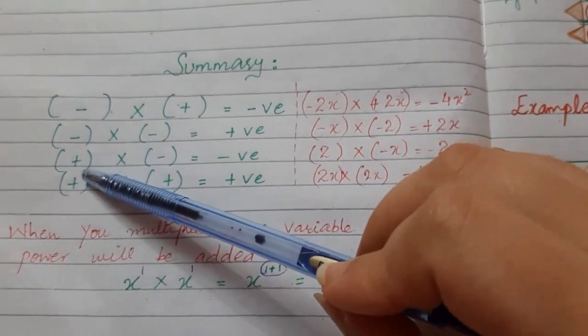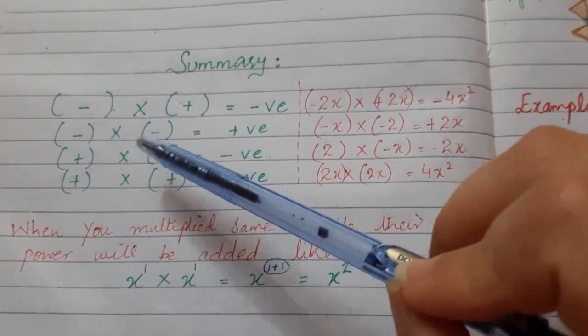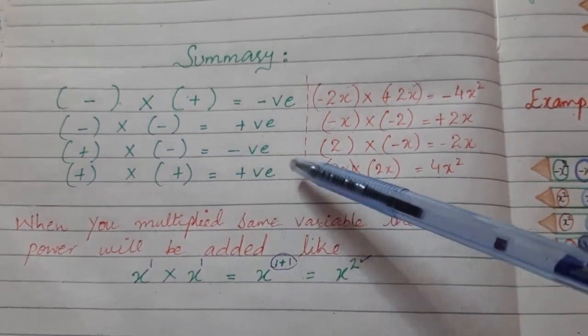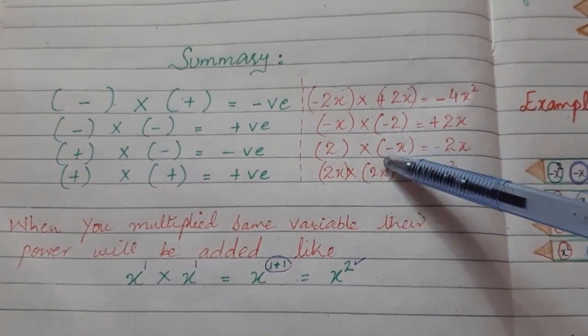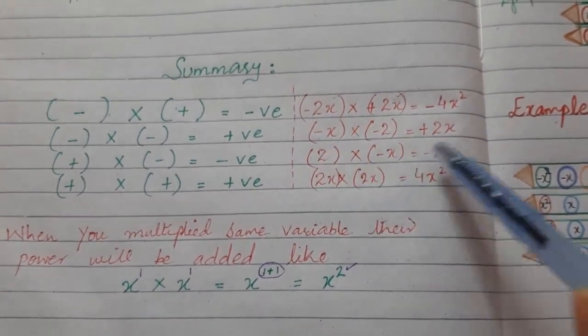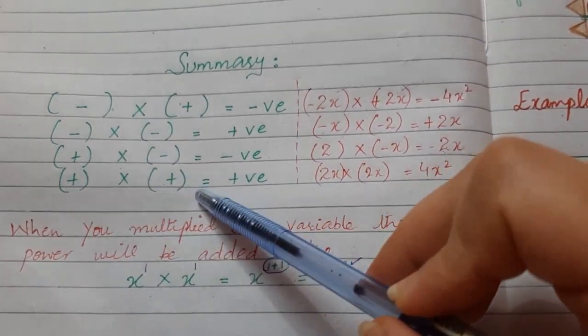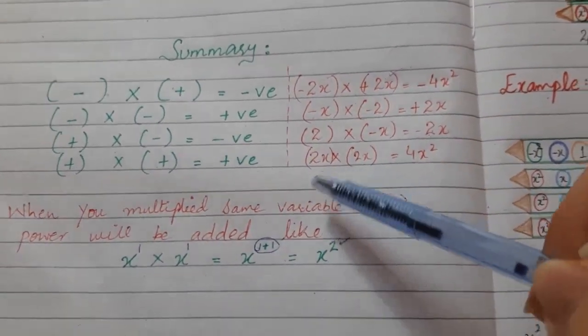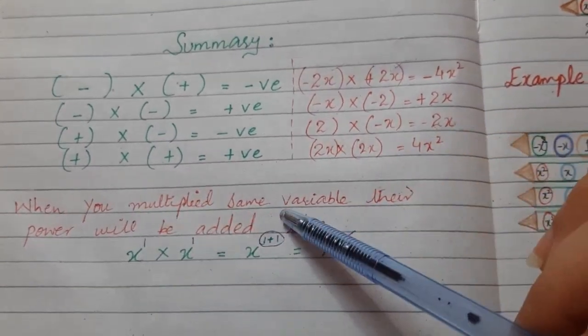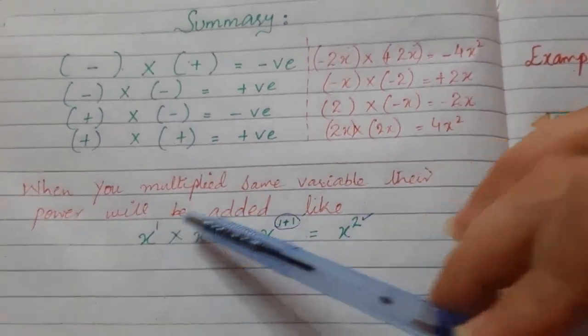If you have a positive term and multiply it with a negative, you will get a negative sign. Like if you multiply 2 with minus x, you will get a minus sign, and multiply 2 with x then positive. And if both terms are positive, you will get the positive sign. One more thing to remember is that when you multiply the same variable, their powers will be added.